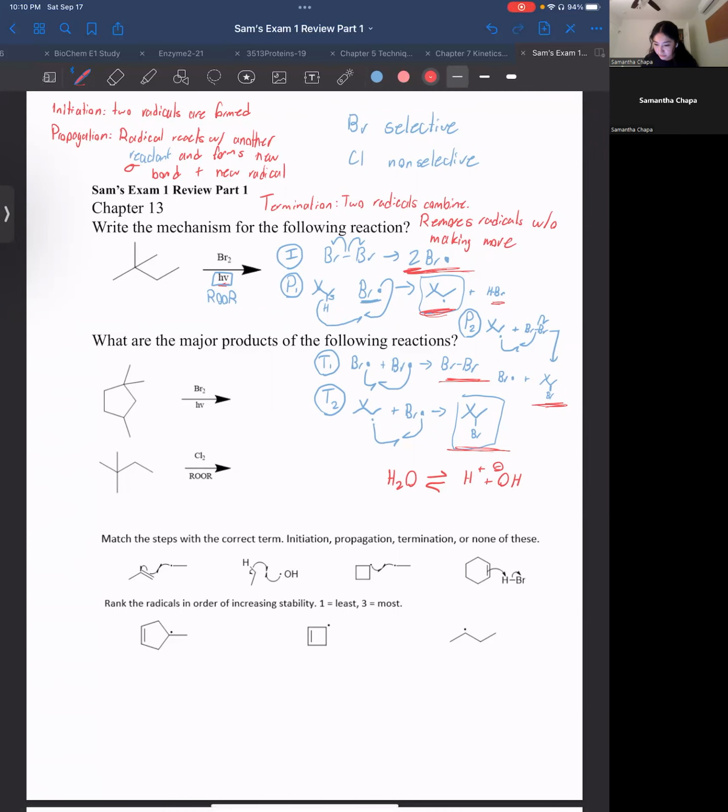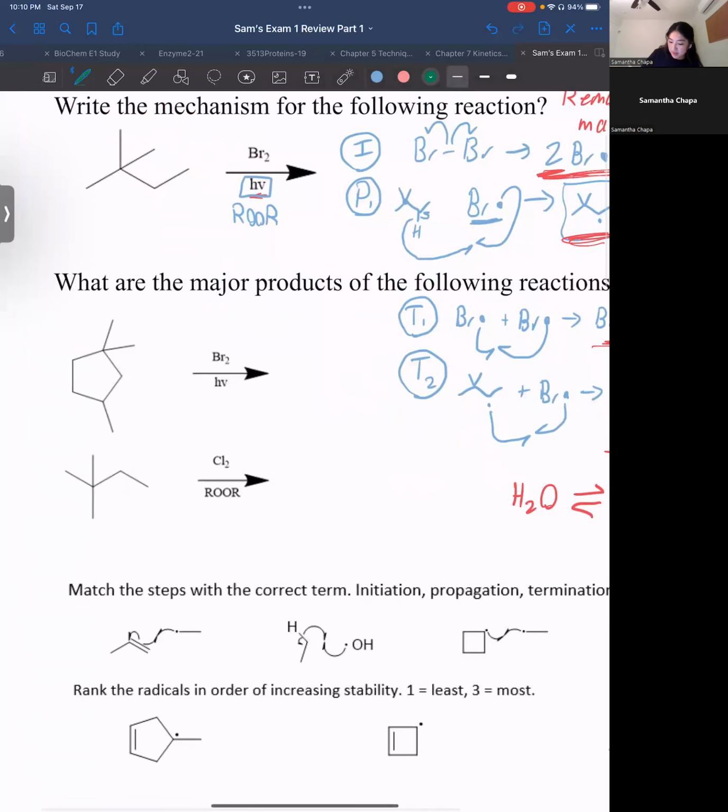What are the major products for the following reactions? Difference between bromine and chlorine: bromine is selective for the most substituted carbon-hydrogen bond, and chlorine is non-selective. So I'm going to draw the major product for bromine.